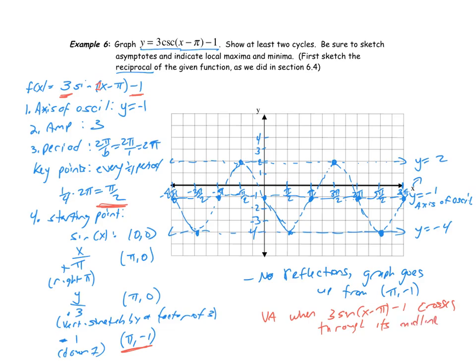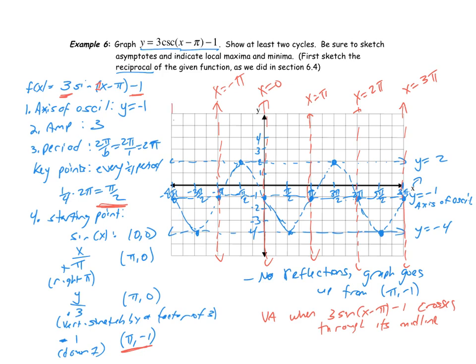So I'm going to sketch in the vertical asymptotes. I have one here at x equals pi, another one at x equals 2 pi. What's important here is where the sine function, the reciprocal function, crosses through its midline, not where it crosses through the x-axis. In the previous examples, there was no vertical shift, so the midline was the x-axis.